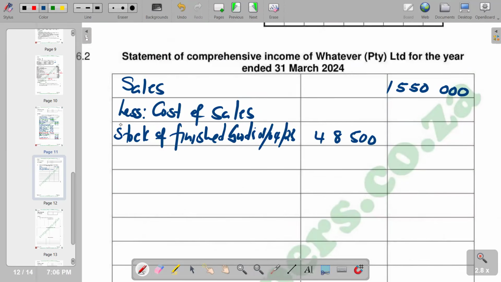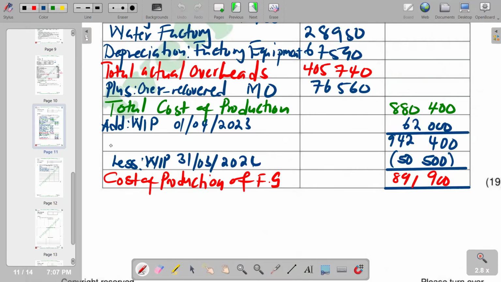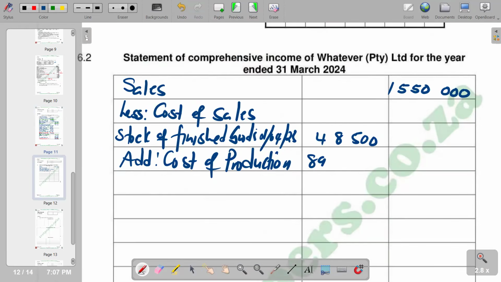And then from there, we are supposed to add cost of production. Our cost of production, we've calculated it here, and we've got 891,900.